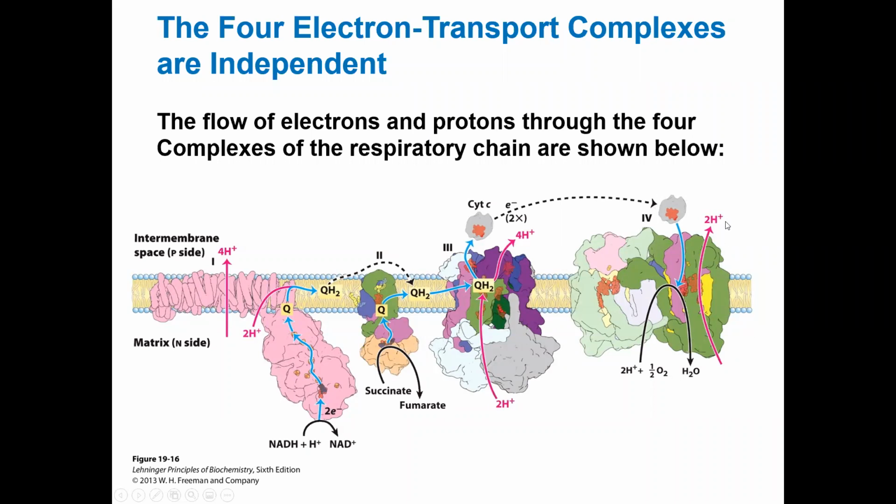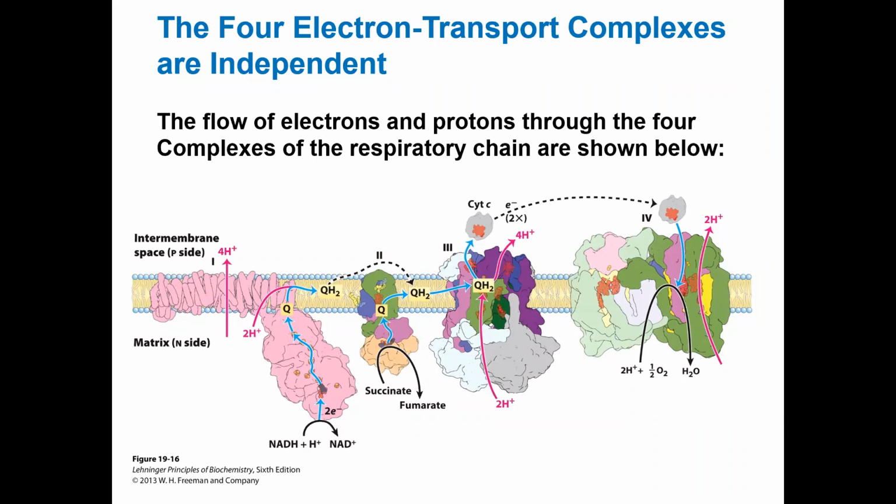In that process, it also pumps 2 protons. So complex 3 as well as complex 4 pumps protons into the intermembrane space. So 1, 3, and 4 are the complexes of the respiratory chain that pump protons into the intermembrane space. Complex 2 does not.